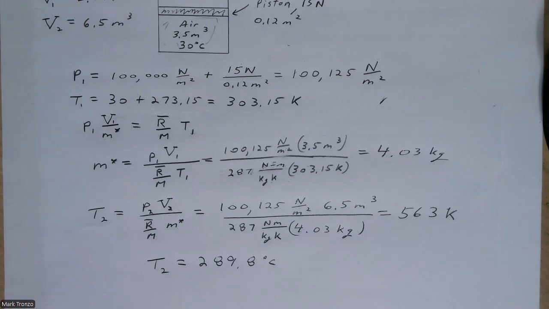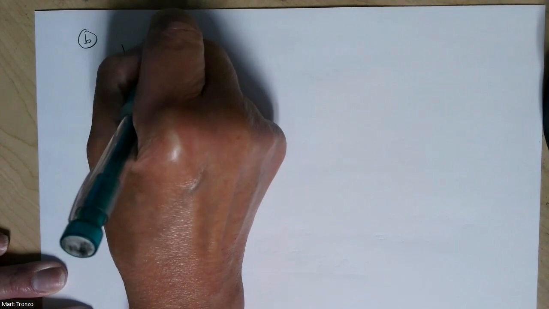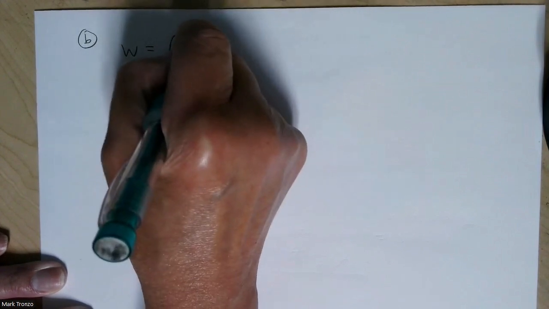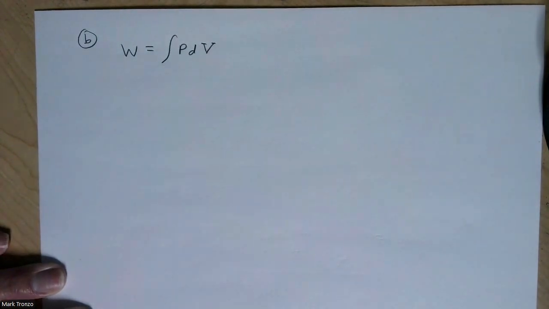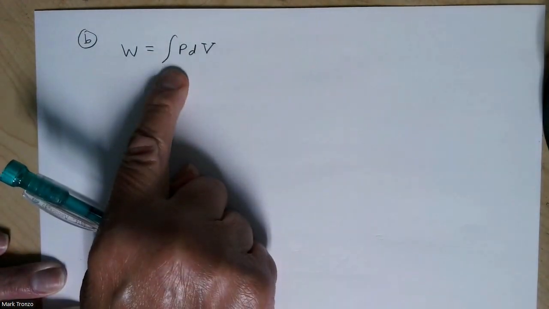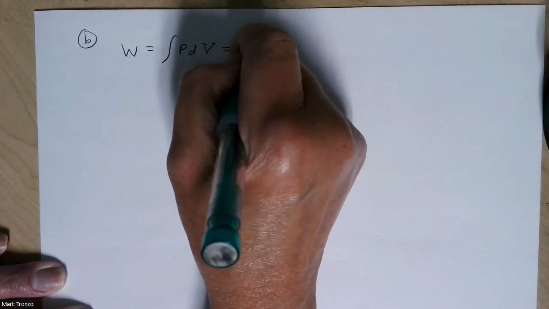So the last thing we have to do is find the work done. Let's do that. So this is part B. The work is going to be the integral of P dV. Now, one good thing is, remember, our pressure is going to be constant, so we can factor that out.